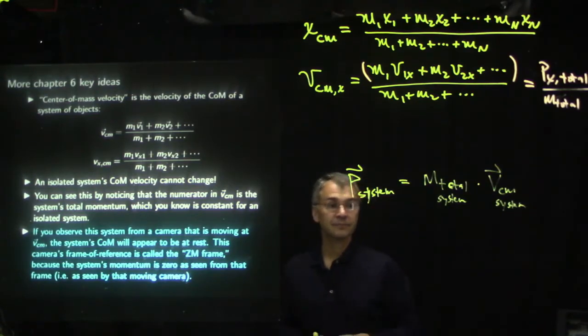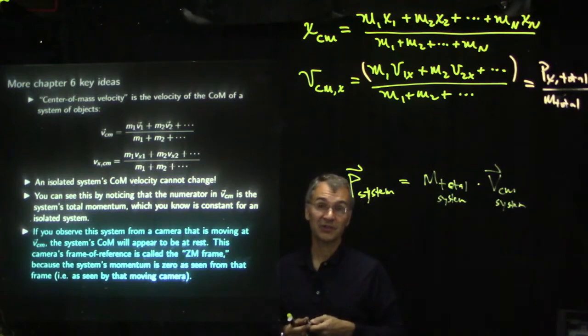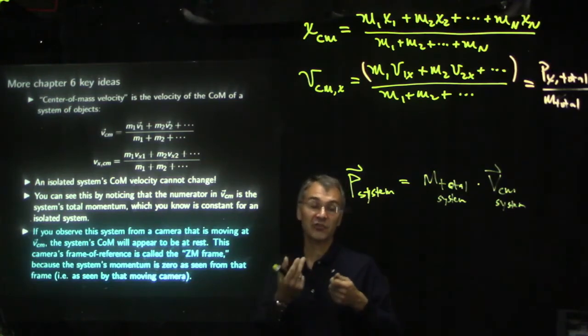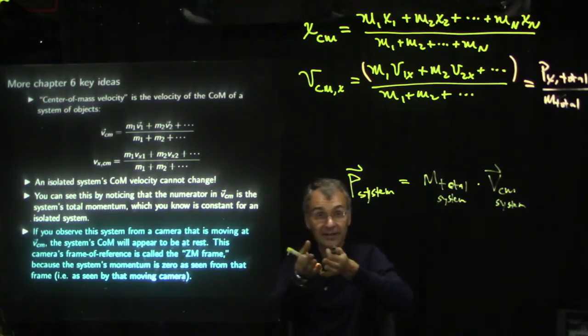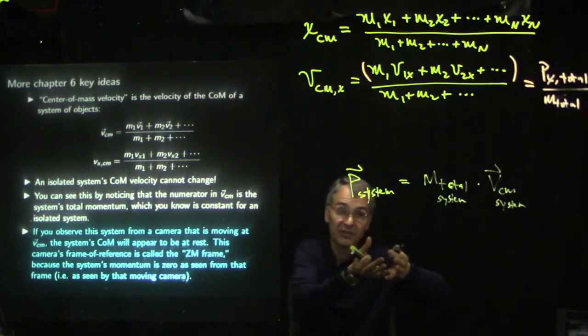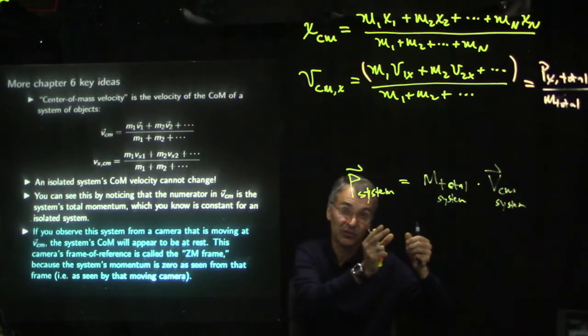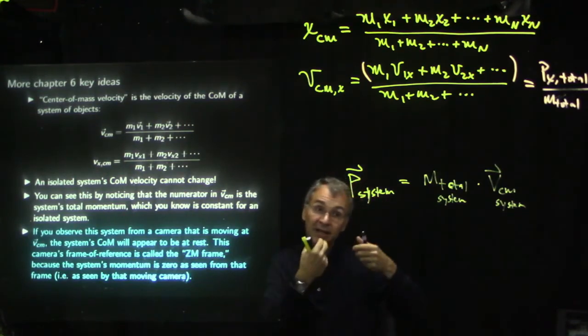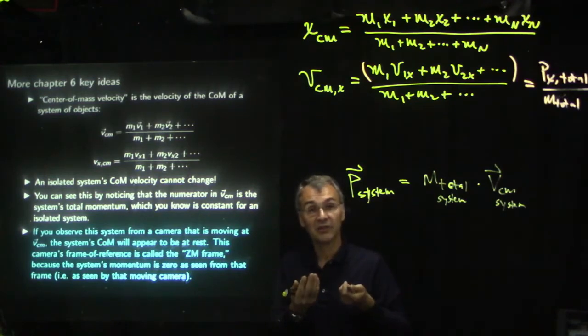So if you observe this system from a camera that is moving at VCM, at the velocity of the center of mass, then the system's center of mass will appear to be at rest. If you take a system of objects and figure out how fast its center of mass is moving, and then make a camera move at that same velocity and use it to observe the system, the system will appear to have its center of mass at rest.